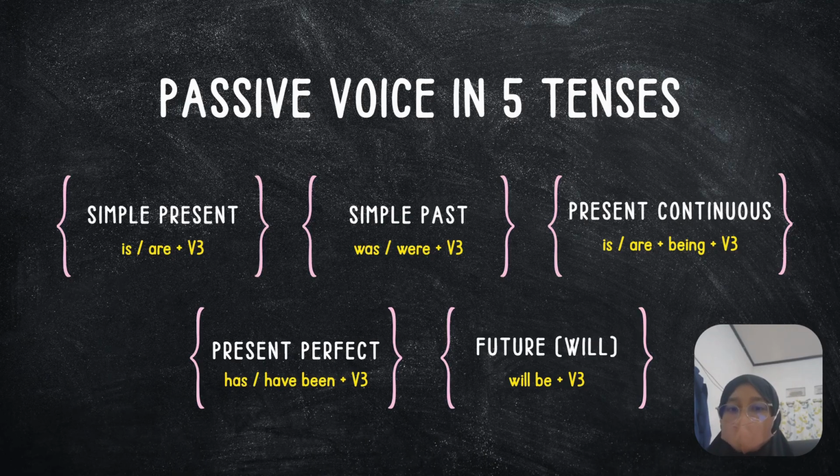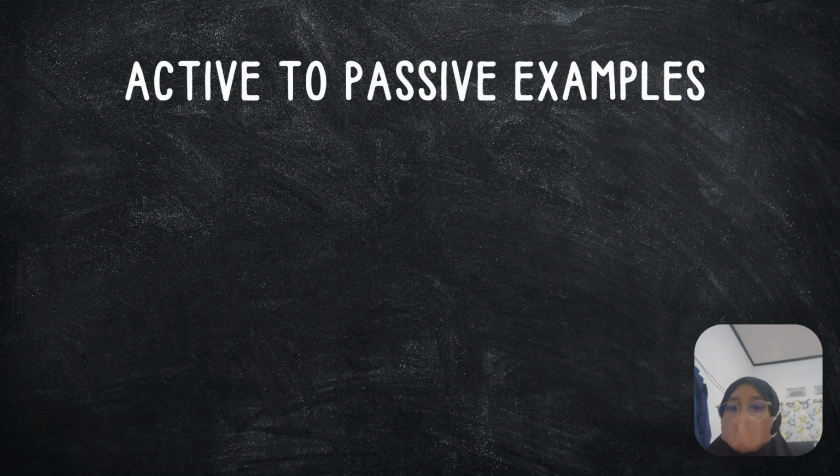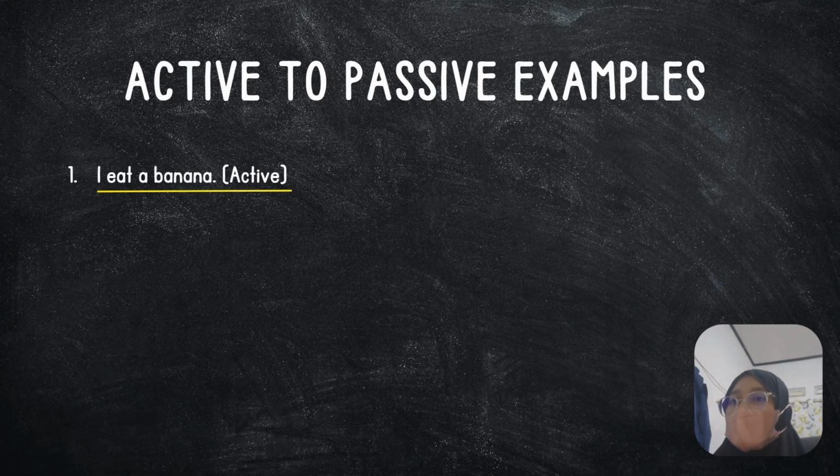Okay, now let's try changing an active sentence into the passive. Now, if you have this sentence, I eat a banana. It's an active voice, and you want to change it into passive voice.